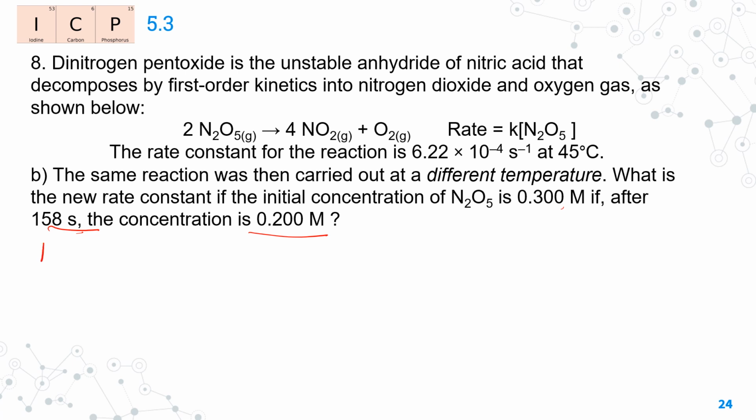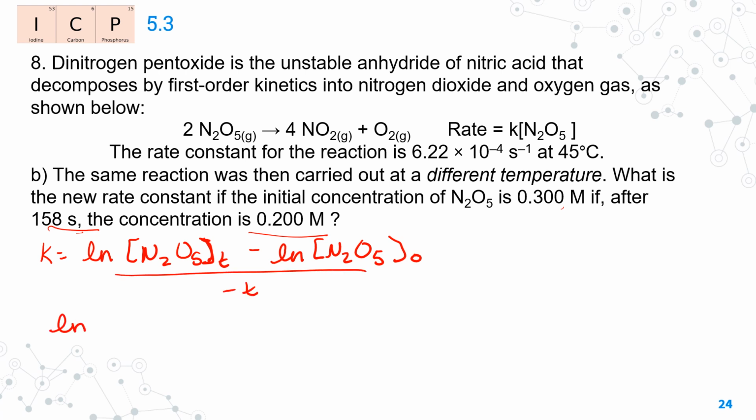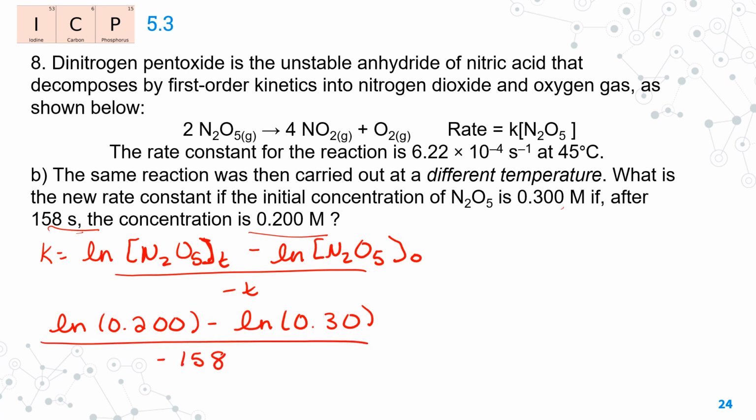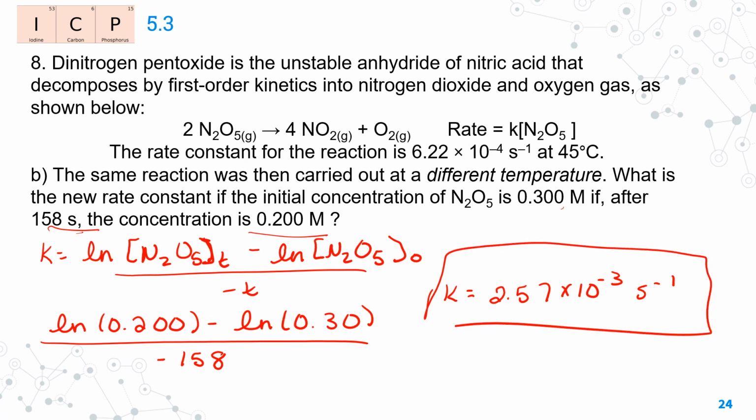So here I'm again solving for K. I'm still using the same natural log integrated rate law, because it's still a first order reaction, but now it's over negative t. And there is my new K, because my K has to change if my temperature changes.